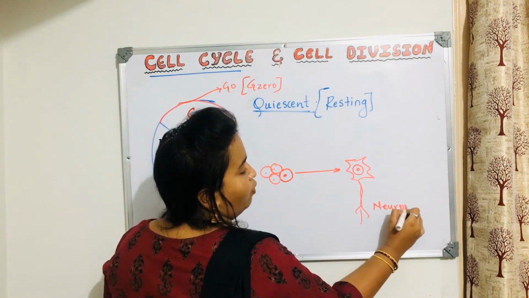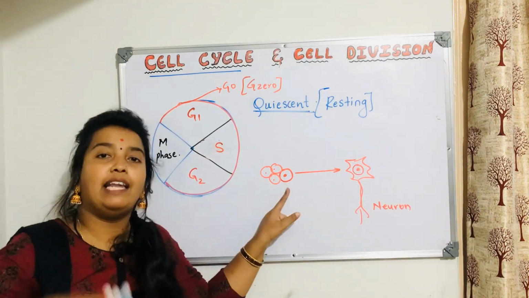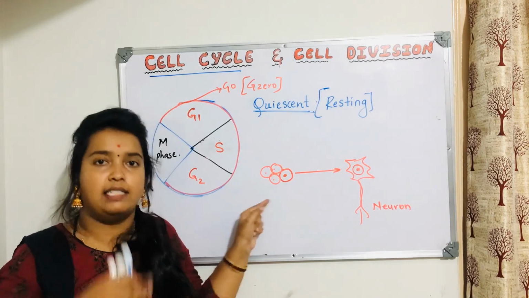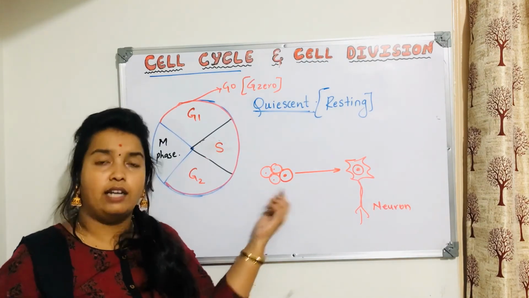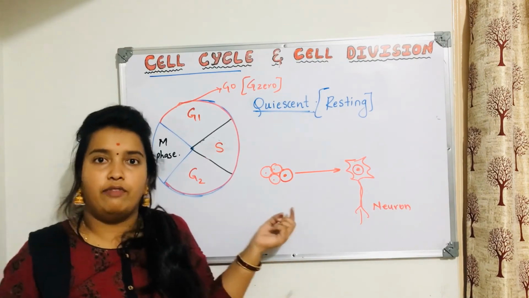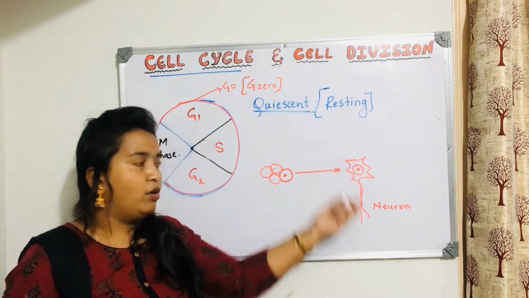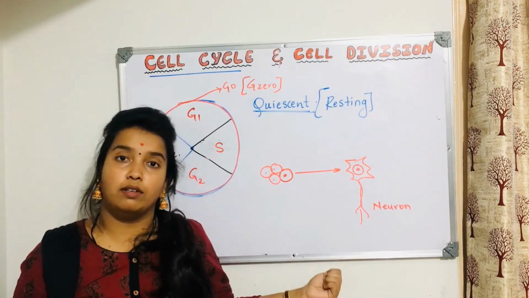I'm just trying to explain you. Now this cell, if it divides, that means it is in the cell cycle process. But for example, if it has stopped division, it thought it should do some function. Now it has changed itself into the brain cell. And you know what is the function of neuron? It is functioning as a neuron.